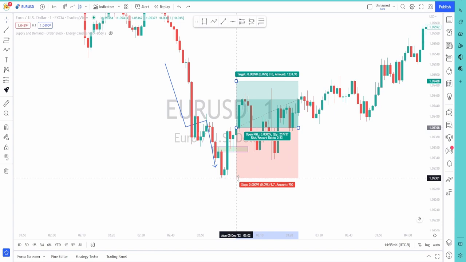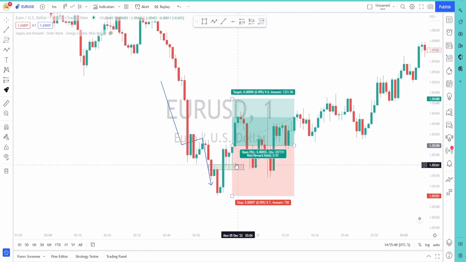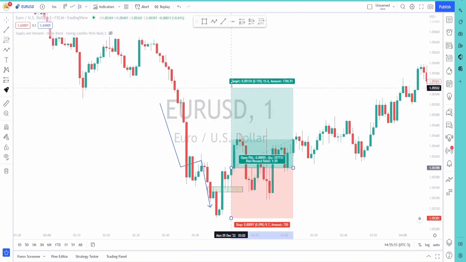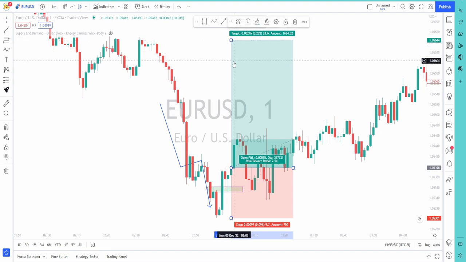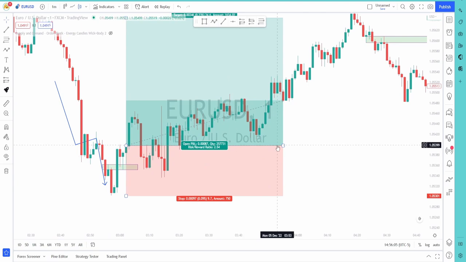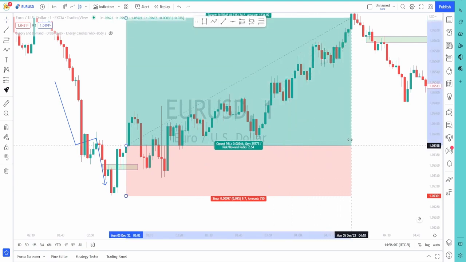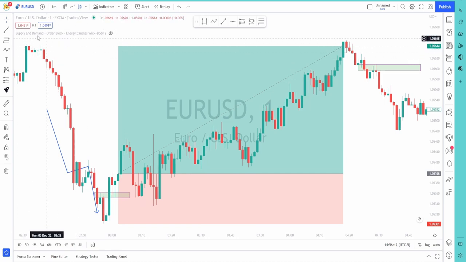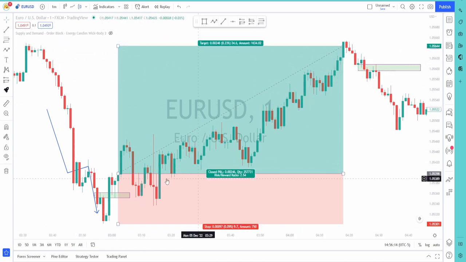Now you put your stop loss just below the second low, and you're aiming for the top. I always aim for the open or the close, not the wick. And if we run this across, you can see how price came up and took out that area completely before changing direction.